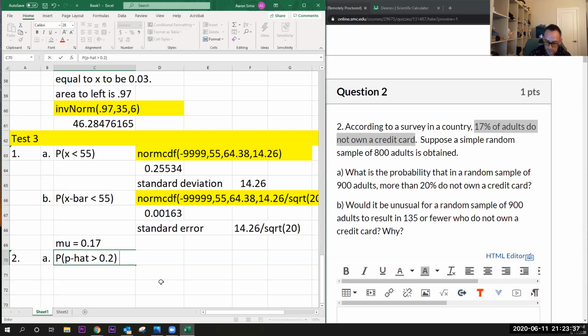So the way I do that is I'm going to say that this equals norm CDF, but I'm going to plug in 0.2 comma 999. I'm going to put 0.17 as the mean, and then here's the hard part, square root of 0.17 times 1 minus 0.17, divided by 900.